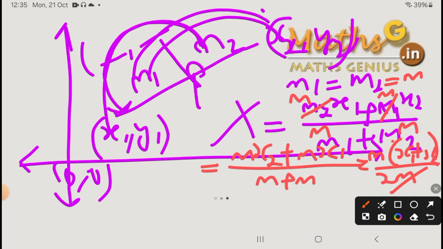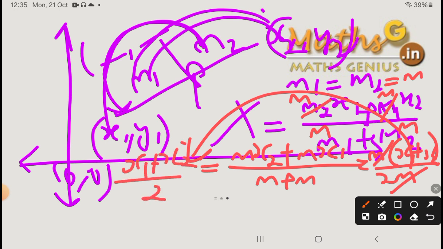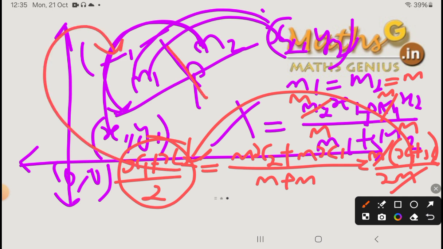Now look at m and m being cancelled out. So what we are left with is x1 plus x2 by 2. What is that? That is the x coordinate of the point P, which is dividing the line in equal ratios, means it is the midpoint.